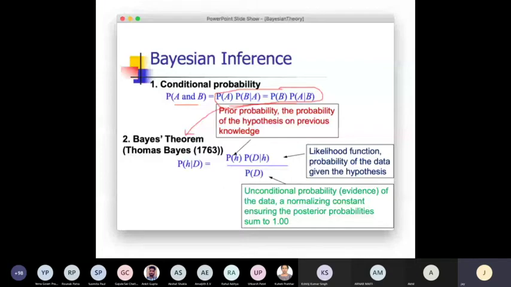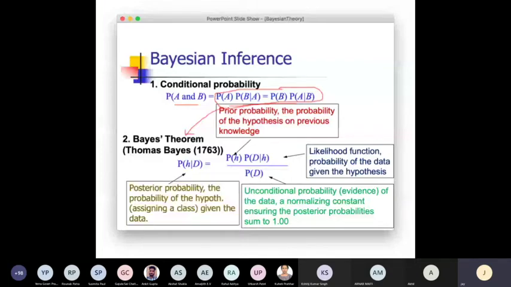We will come to that later in our subsequent discussion, the implications and importance of this marginal probability. Sometimes you may ignore it in your classification task, but it has a lot of importance while you are doing inference.